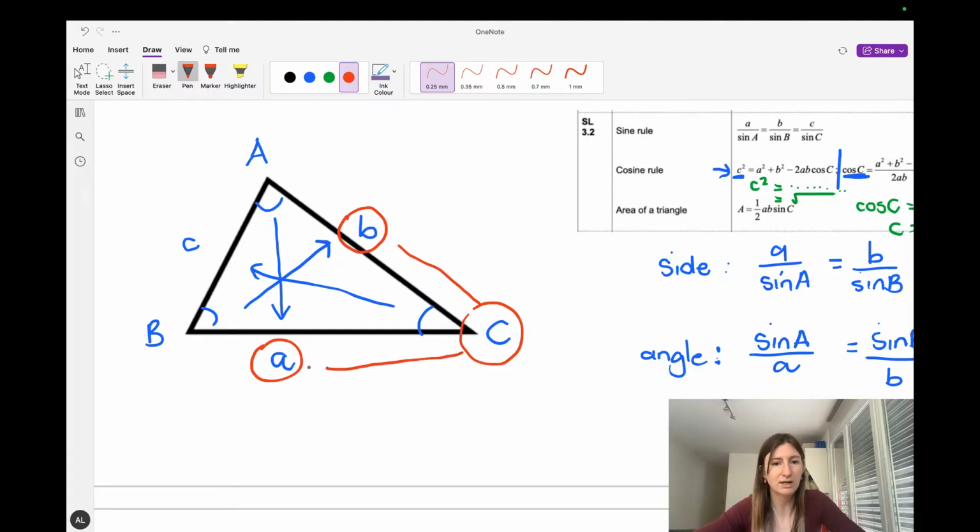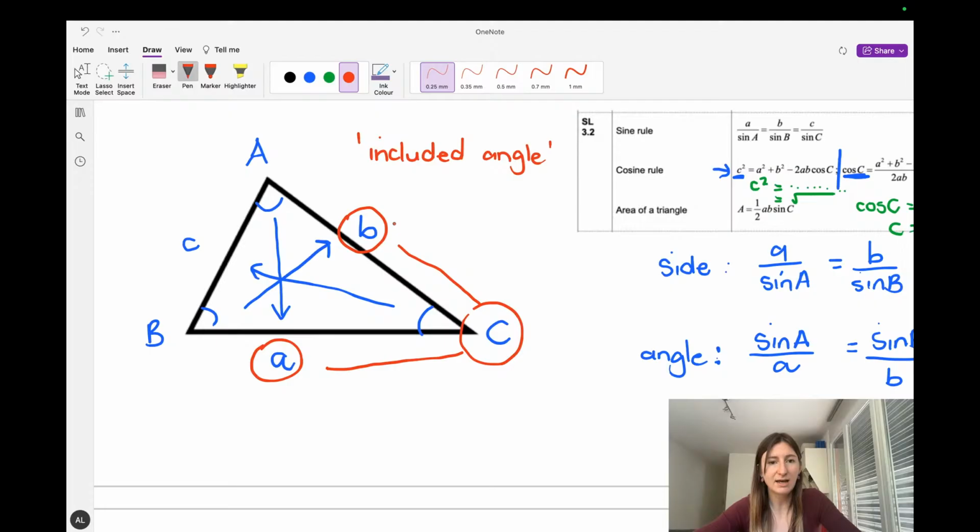So it only works like that. So I can't have this side and use the cosine rule or area of a triangle rule to find this side or this side. So they always have to be in that little corner together, and we call that an included angle. It's included between the 2. So for cosine and area of a triangle, make sure that it's always that included one.